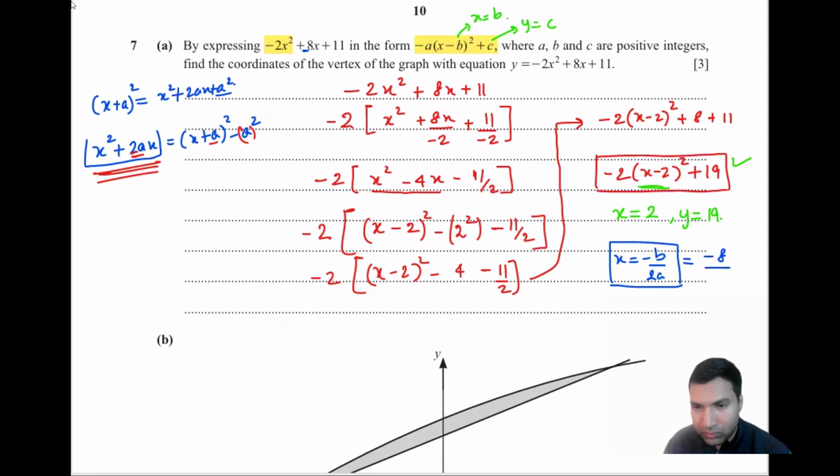So negative 8 over 2a. A is negative 2. Getting it? So how much are you getting? Negative 8 over negative 4, which is nothing but 2. And you were supposed to get 2 only. Got it? So you could have done this also. So for time being, let me erase this. Just for knowledge purposes, I'm telling you this. So this is another perspective of thinking.